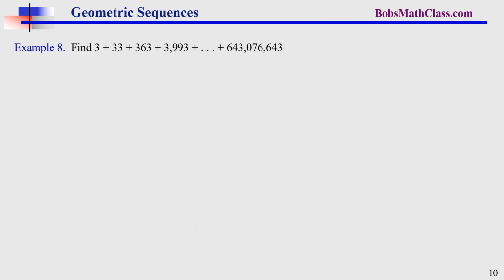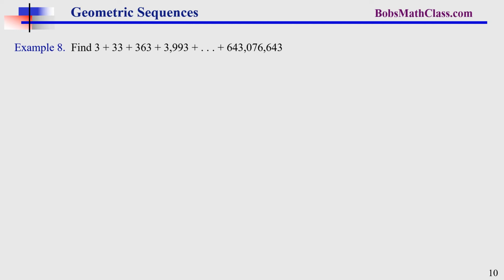Example 8. Find 3 plus 33 plus 363 plus 3,993 plus, and so on, up to 643,076,643. Okay, so we're trying to find the sum.